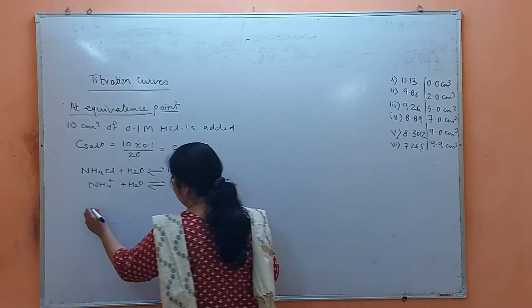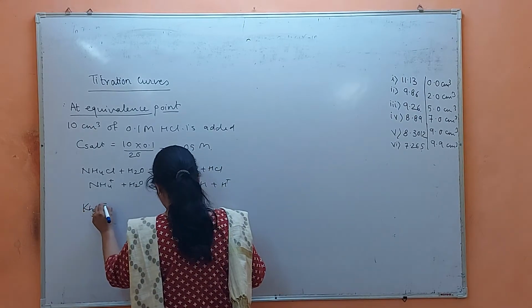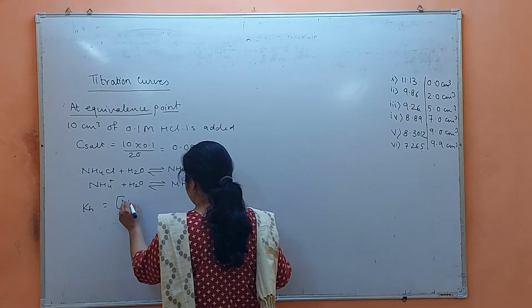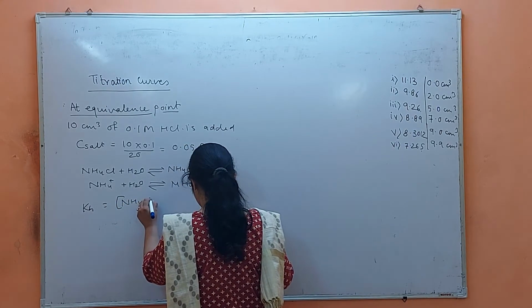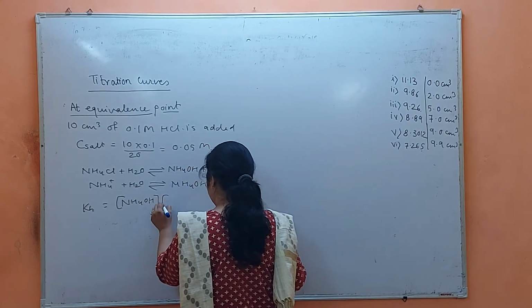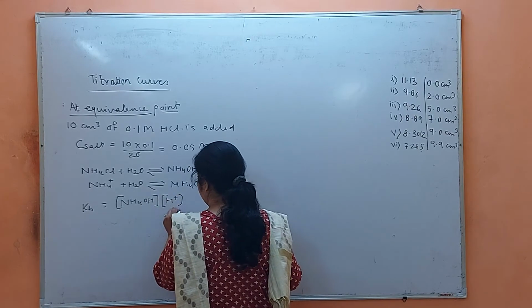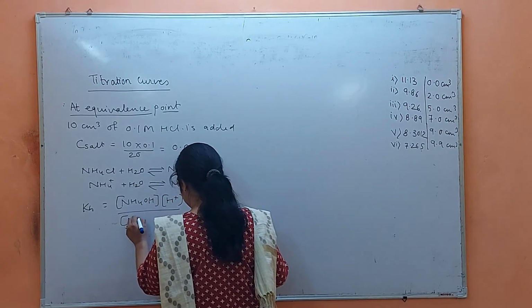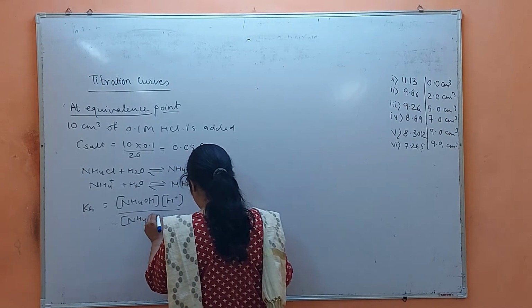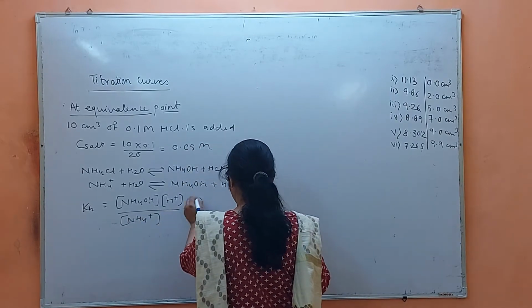Now consider the hydrolysis constant as Kh. We'll get Kh equal to NH4OH into H plus divided by NH4 plus. We will call this equation 1.